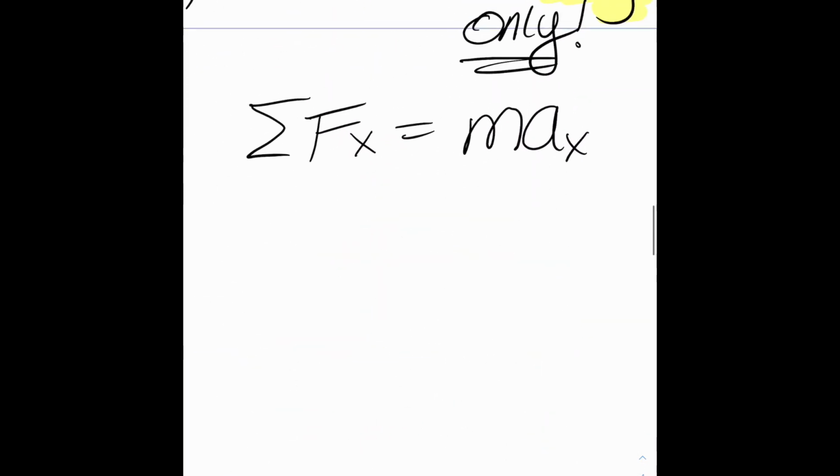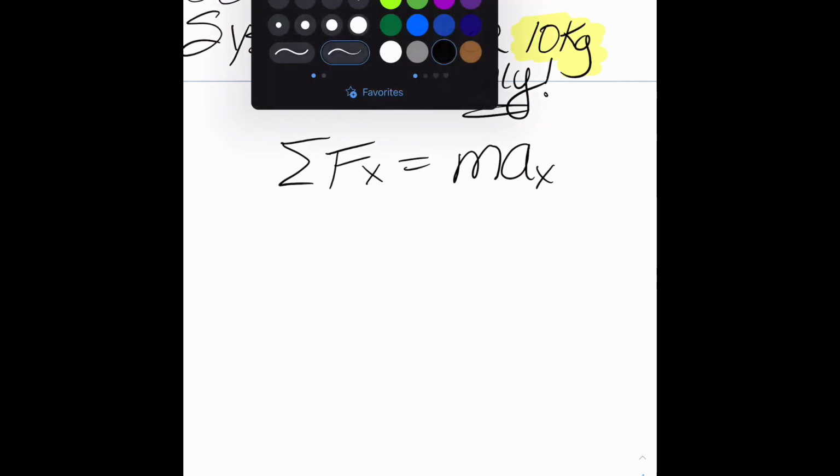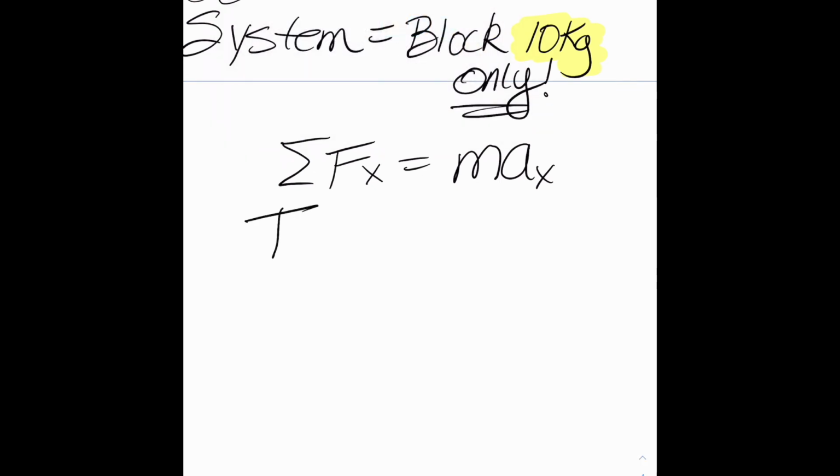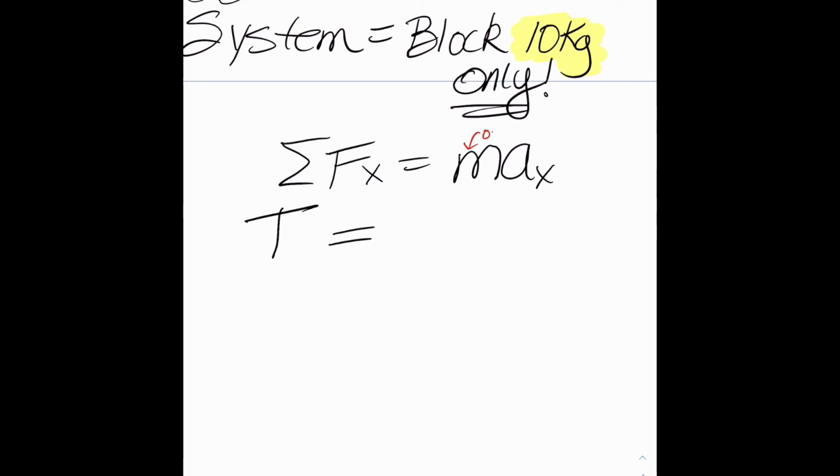So I'm going to write that down. I have T, and I'm going to set it equal to the mass. Now, this is only block 10, and that should make sense because the system is block 10 only, and so the mass reflects that.